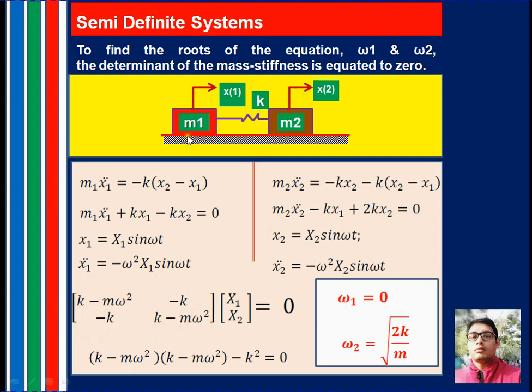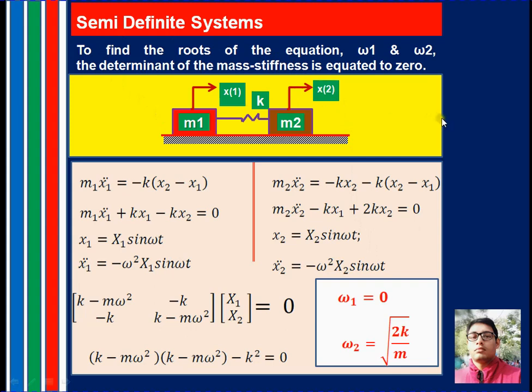If both the masses are equal, then solving the equation you will get omega 1 equal to 0, or omega 2 equal to root 2k by m. That means one of the frequencies in this particular problem is 0. That means the body does not oscillate. 0 means there is no movement for the body. So that type of system is called a semi-definite system.